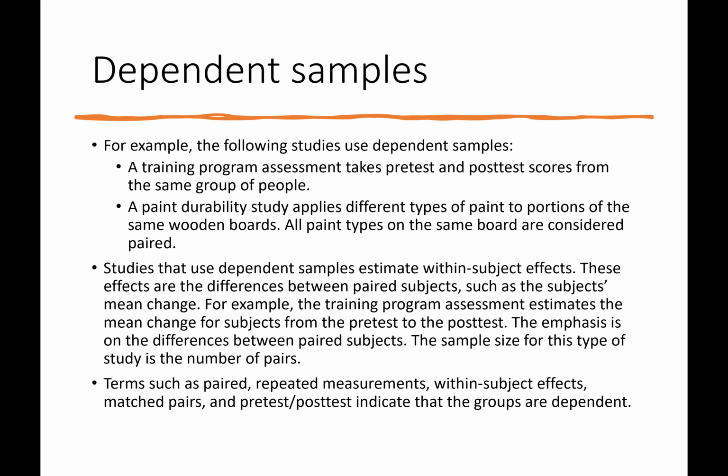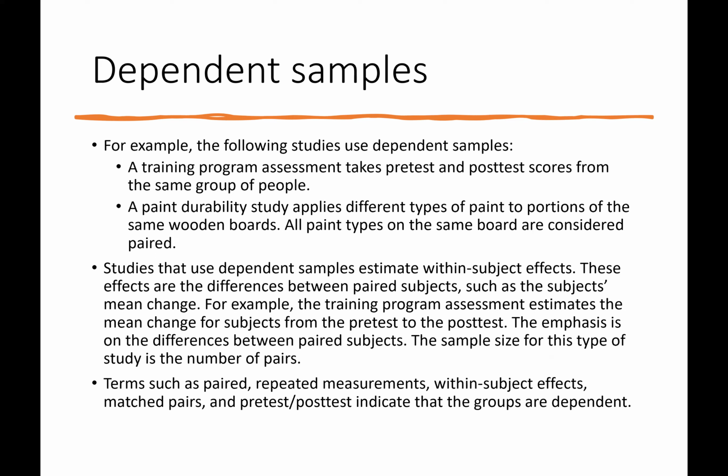Studies that use dependent samples estimate within subject effects. These effects are the differences between paired subjects, such as the subject's mean change. For example, the training program assessment estimates the mean change for subjects from the pre-test to the post-test.